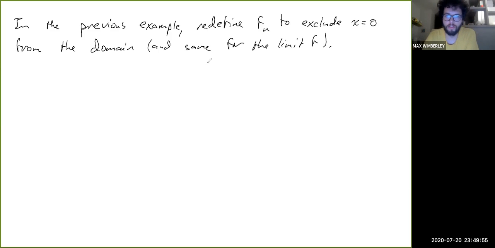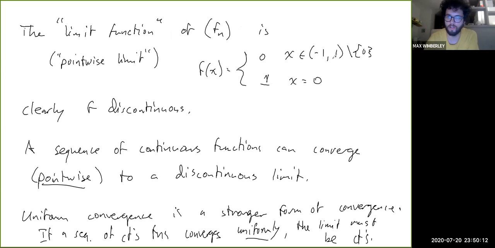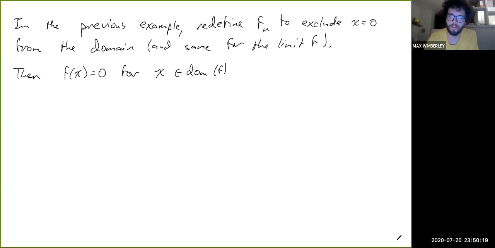So if we exclude 0 from the domain, then f of x equals 0 for x in the domain of f, because now we've deleted the point. Remember, f itself was just 0 for all of these points except for x equals 0. But now we've deleted x equals 0 from the domain. So f of x is just 0, right? So the domain of f, now that we've deleted this point, is -1, 1 without 0, right?